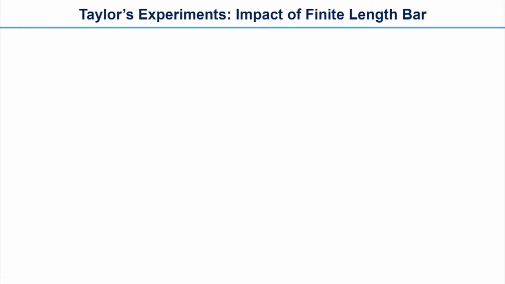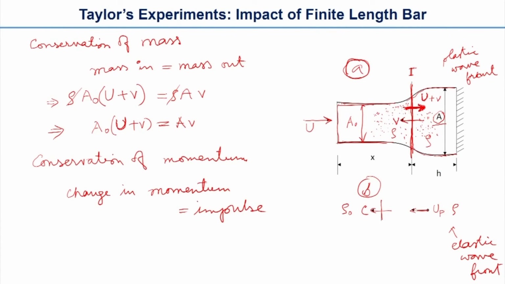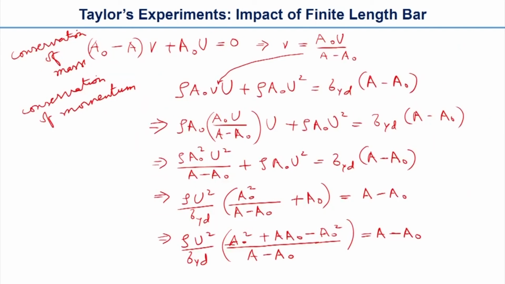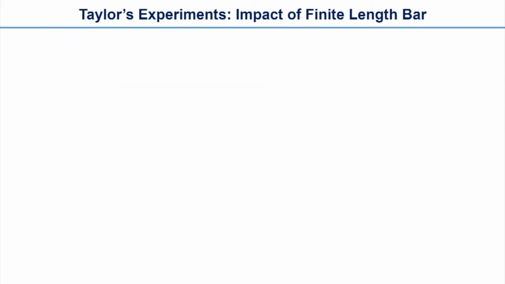Okay, so now we will talk about the elastic region. As we discussed in the bottom figure B, we have the elastic wave velocity C and particle velocity UP, and the densities are different. So we can draw it here again.